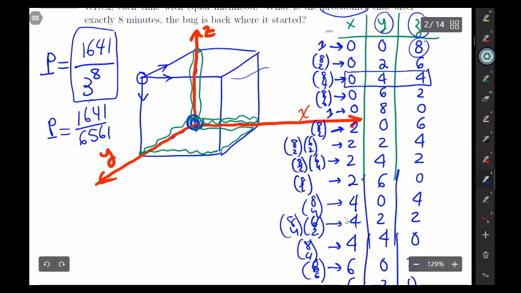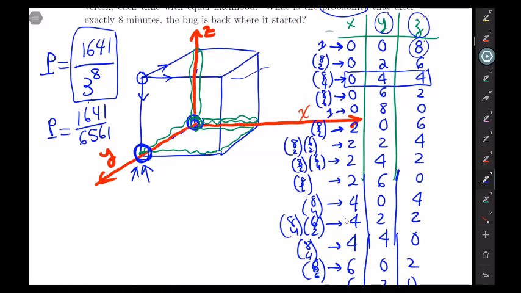Now another question. What is the probability we will end up, after 6 moves, at a point like this? What is the probability of ending up at 0, 1, 0 after 6 moves?